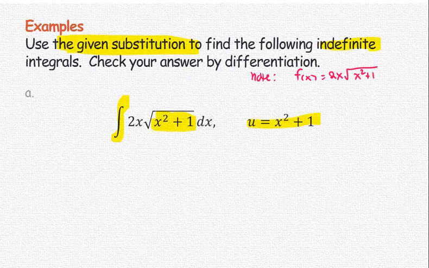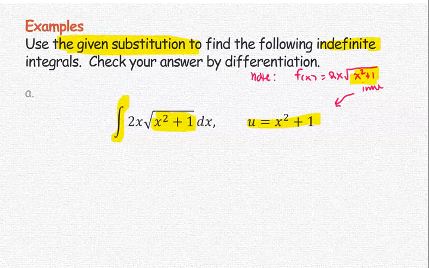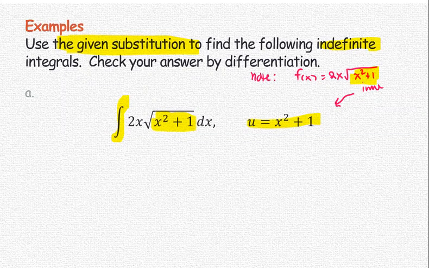You see the product of functions, but the portion, the square root of x squared plus 1, the x squared plus 1 is the inner function. So that's why we let u be x squared plus 1. Since you see this as a composite function, let u be x squared plus 1.